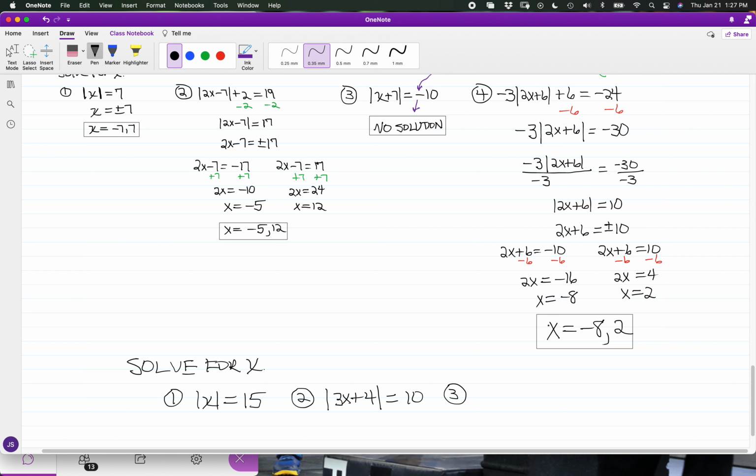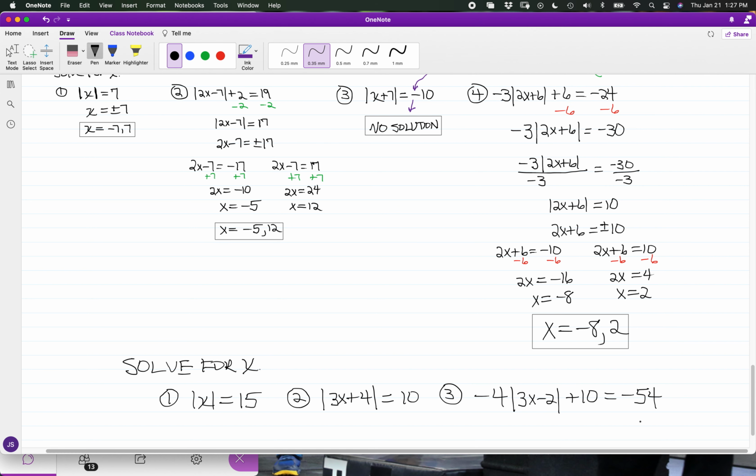And we'll say we have thirdly, negative 4 times the absolute value of 3x minus 2, followed by the addition of 10, is equal to negative 54. Okay, so just for the next few moments, let's see what we get for x for these three items.